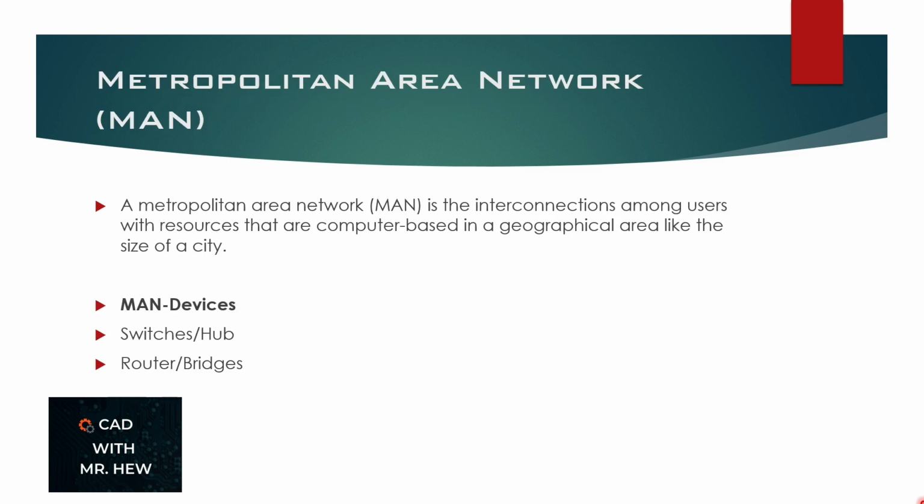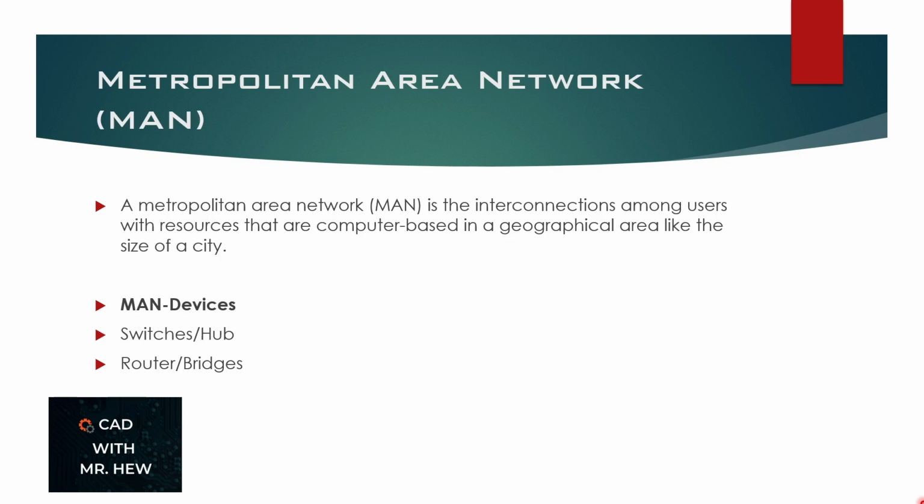Metropolitan Area Network, MAN. A metropolitan area network, MAN, is the interconnection among users with resources that are computer based in a geographical area like the size of a city. MAN devices. What devices do you need to set up a metropolitan area network?